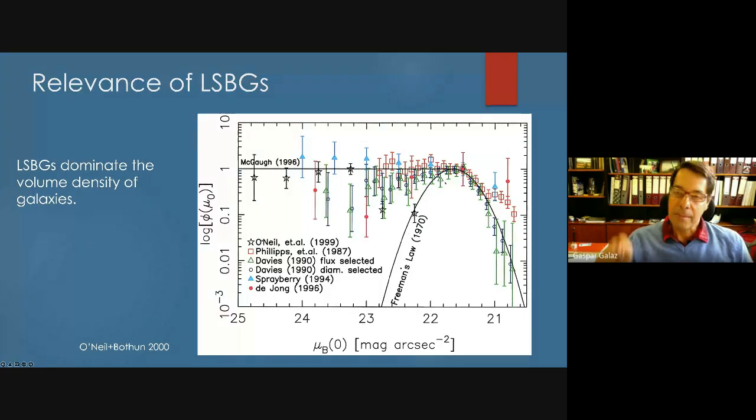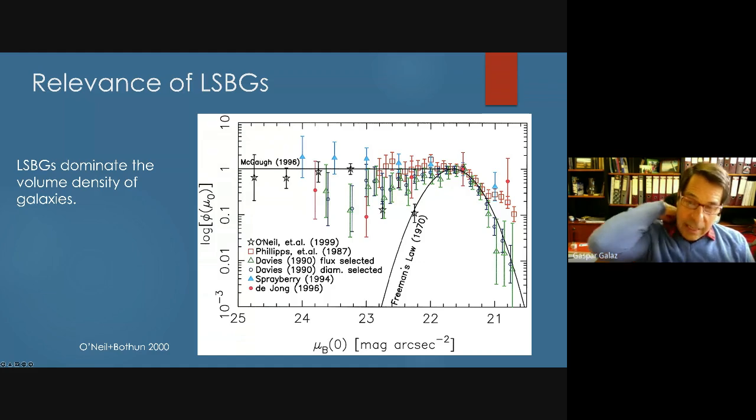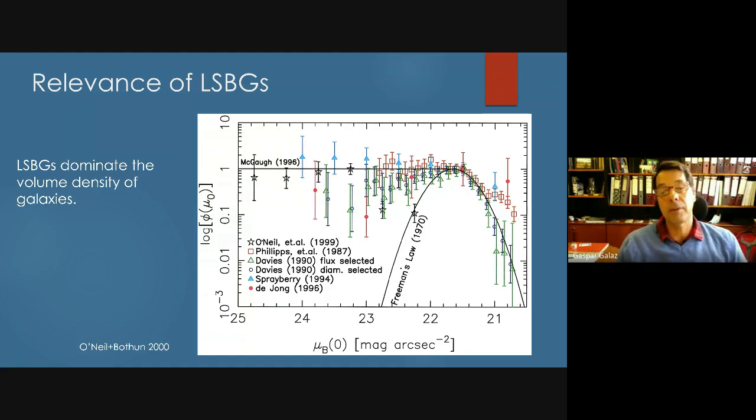Up to date, many people are putting points in this graph, but roughly speaking, it is still very, very current. Okay, so you see in this plot most of the galaxies are in fact LSBs. That means galaxies fainter than 22, roughly speaking. So if you take a galaxy in the volume, the probability that it is an LSB is very high.